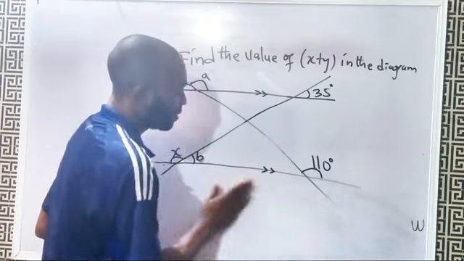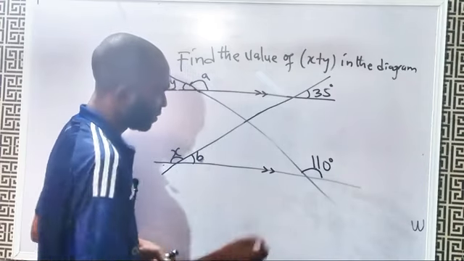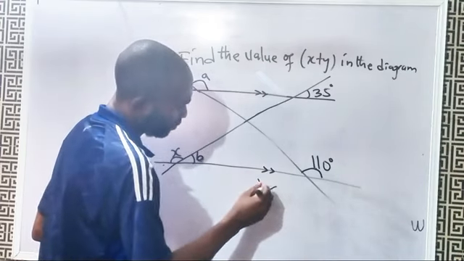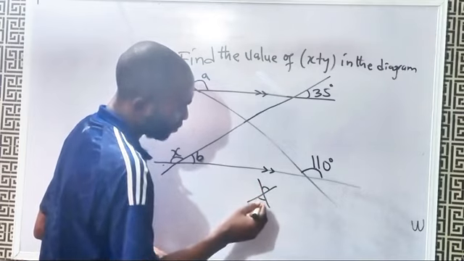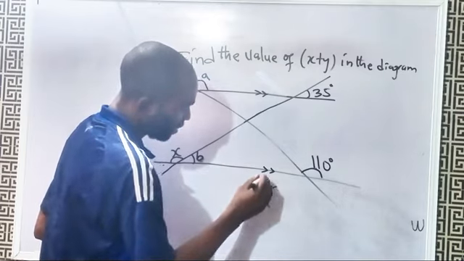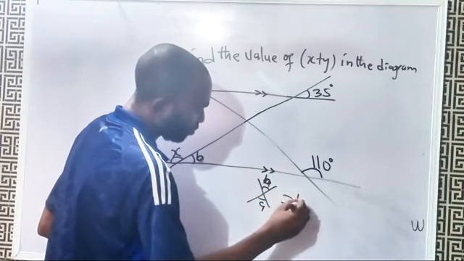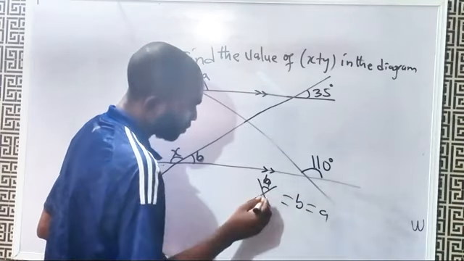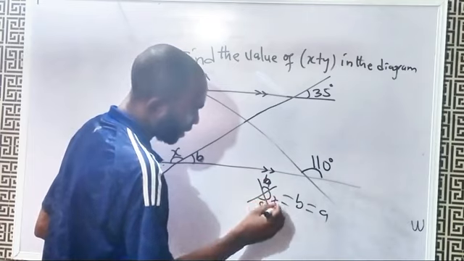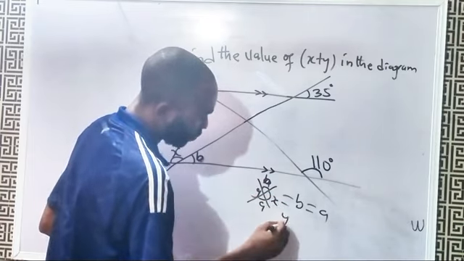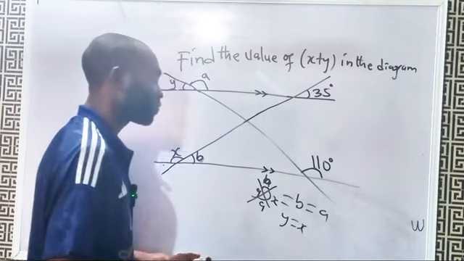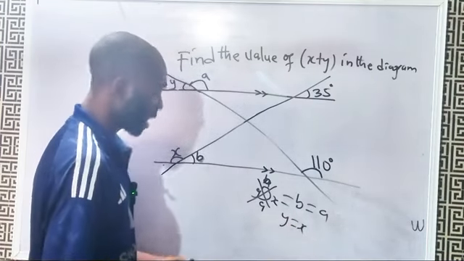And again, we also explained that opposite angles are equal: if here is X and here is Y, then Y is equal to X.